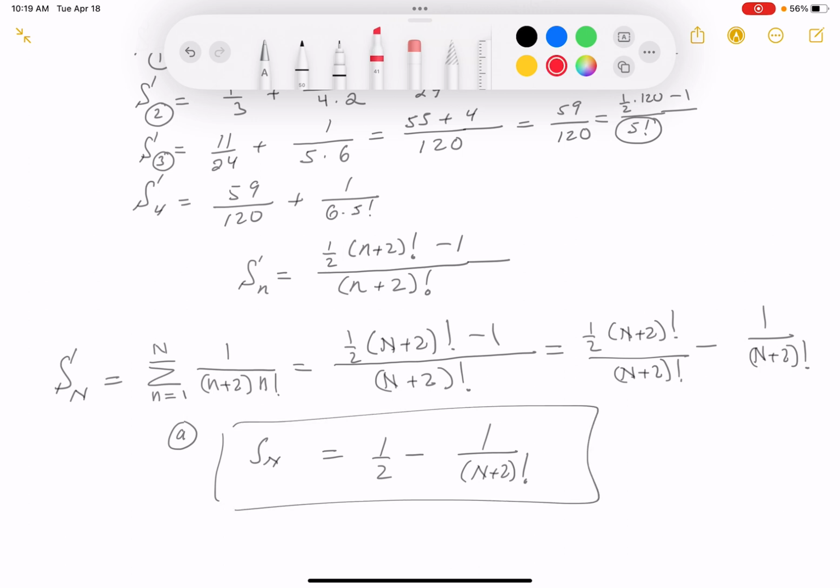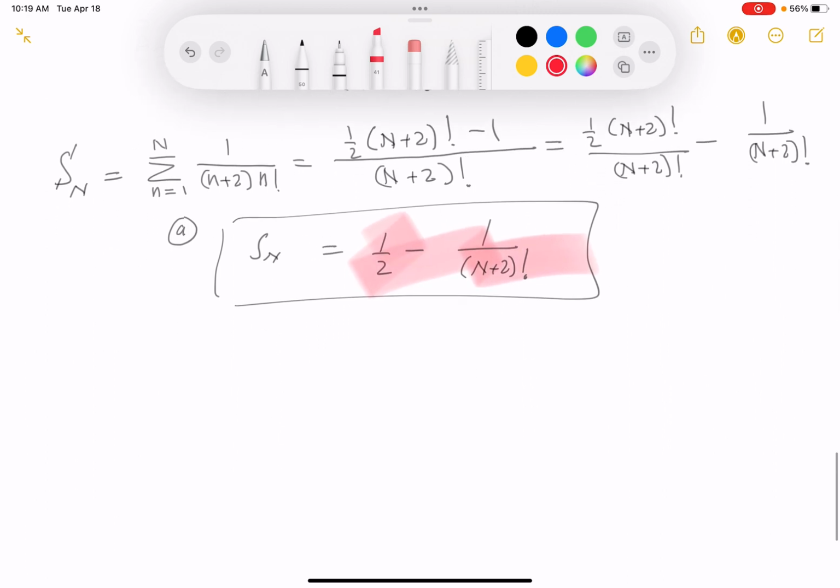I want to go back to the key, though, and see if I did a good job. And I'm definitely seeing it. What's part B of the problem? Let's write that down. Part B of the problem is to evaluate the infinite sum.